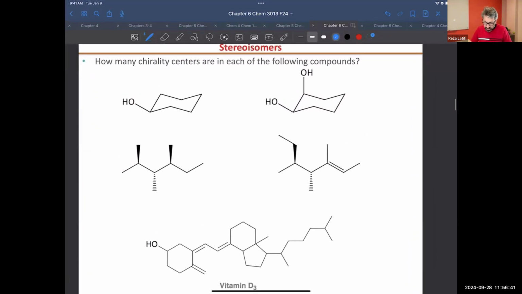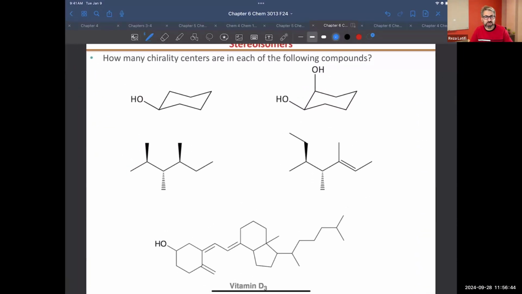Okay, let's figure out whether we have a chiral center or not. Remember, in order to have a chiral center, you need 4 different substituents. Let's go with this carbon. The rest have 2 hydrogens, and that cancels the chirality, so we don't have a chiral center there. It looks like I have 1 OH, but if I look at this side or that side, I have a carbon with 2 hydrogens, and then a carbon with 2 hydrogens.